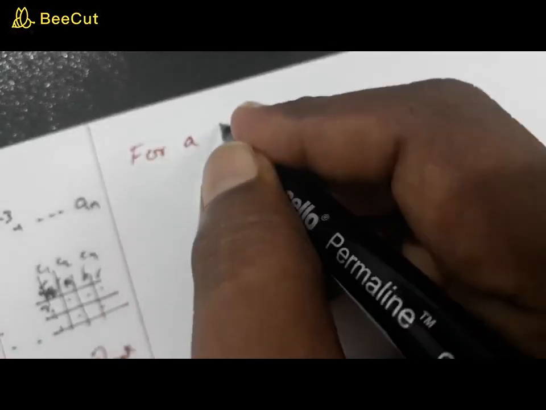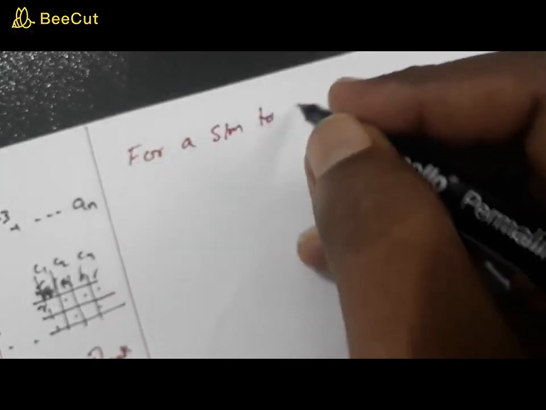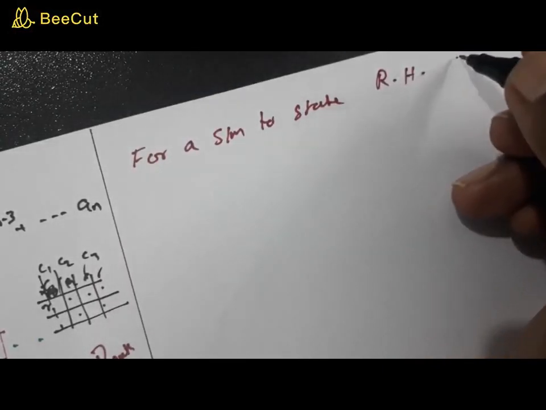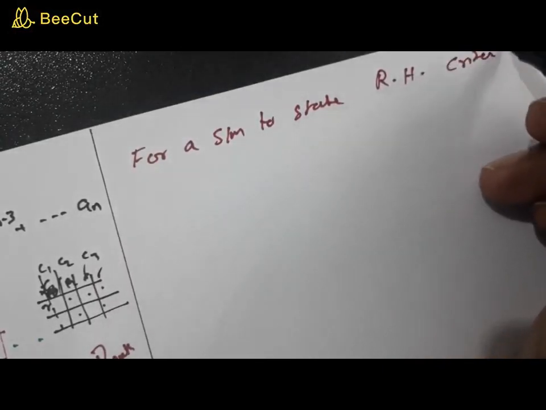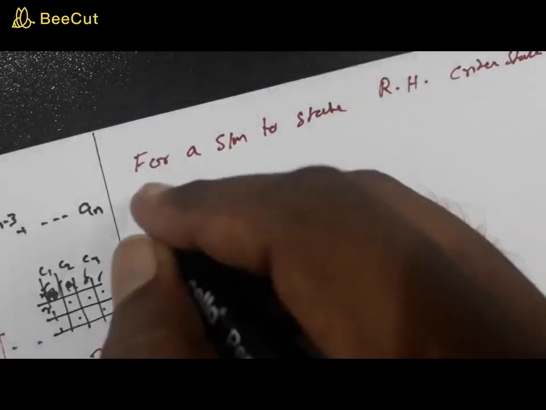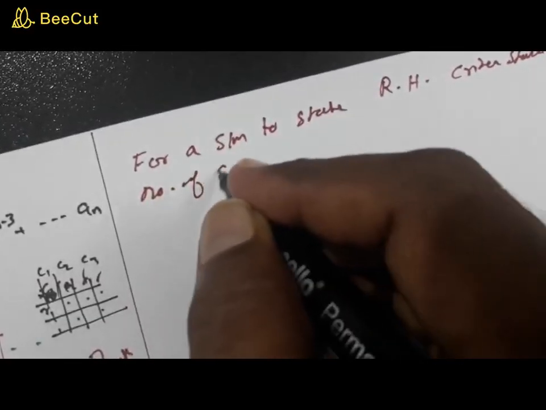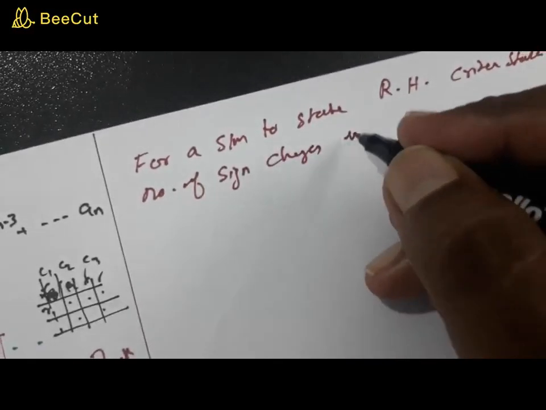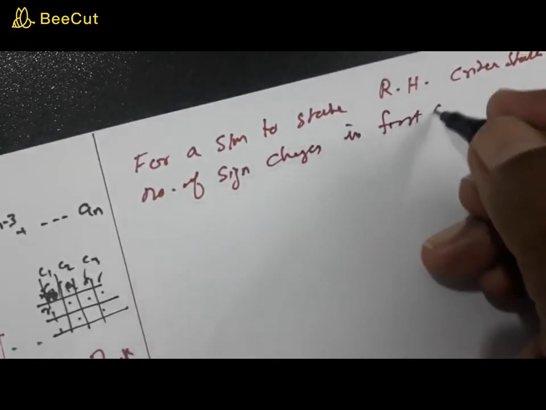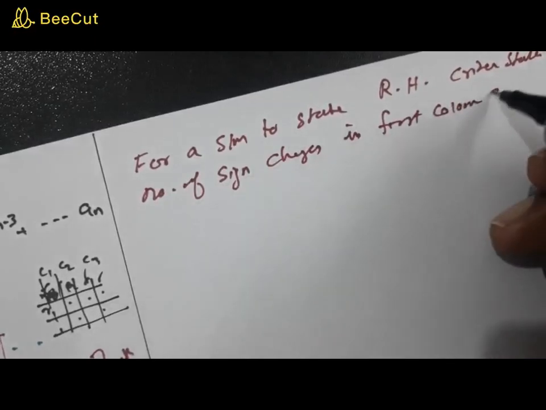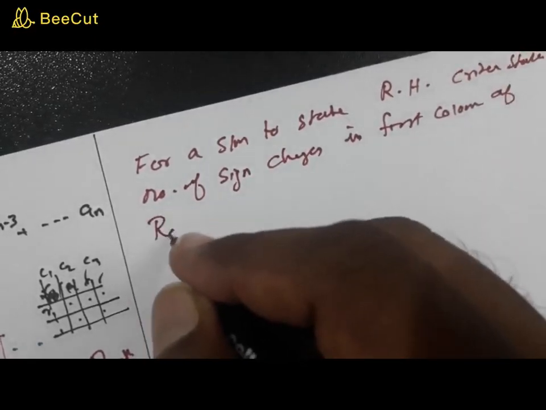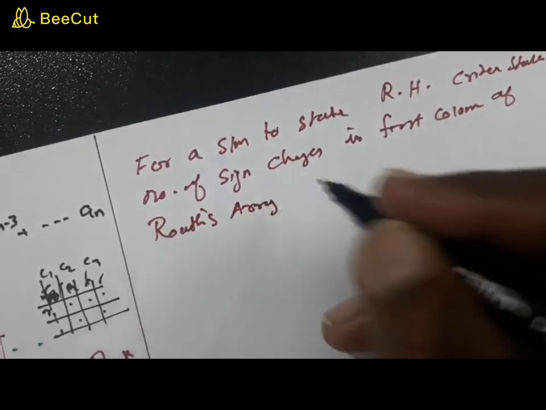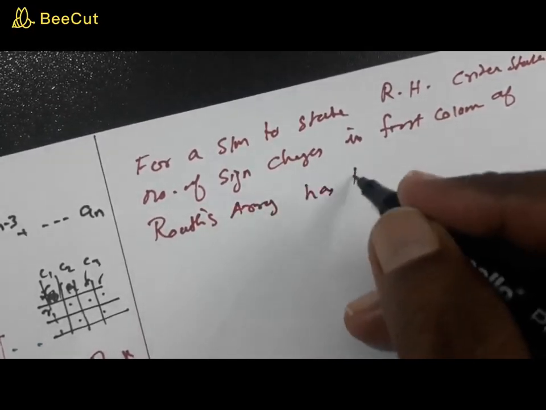for a system to be stable, the RH criterion states that the number of sign changes in the first column of the Routh array has to be 0, isn't it?